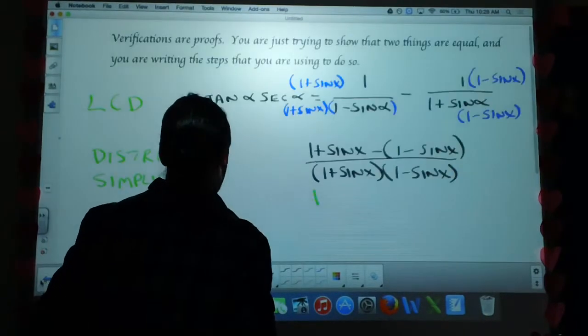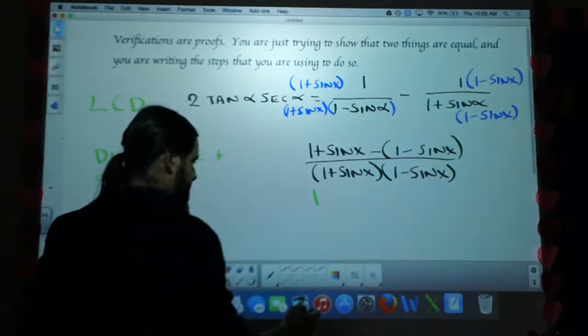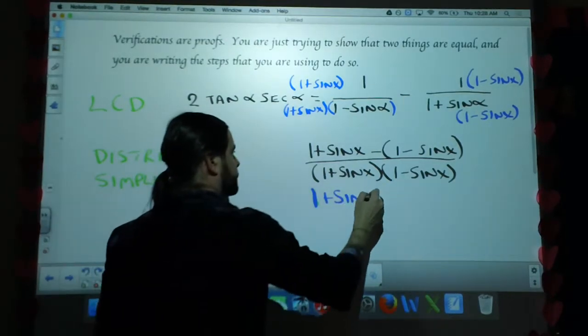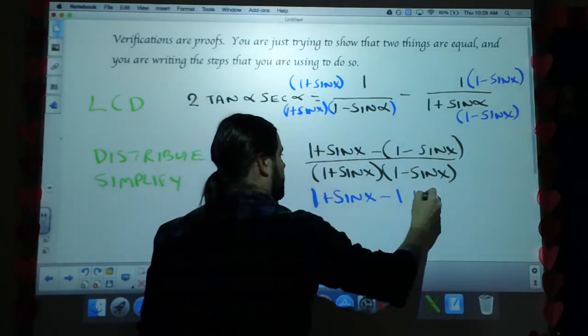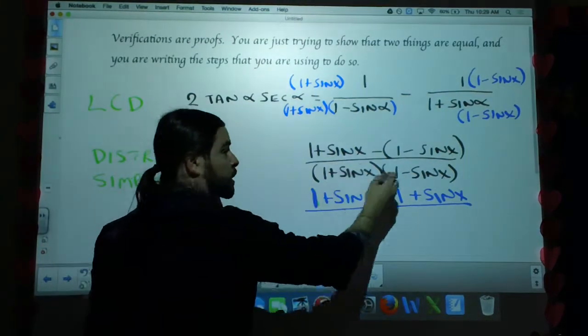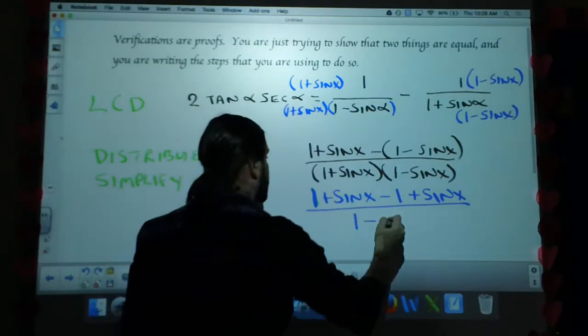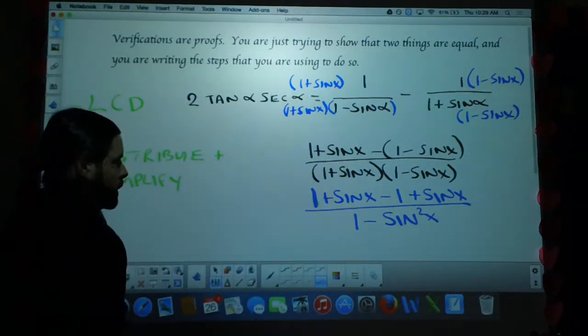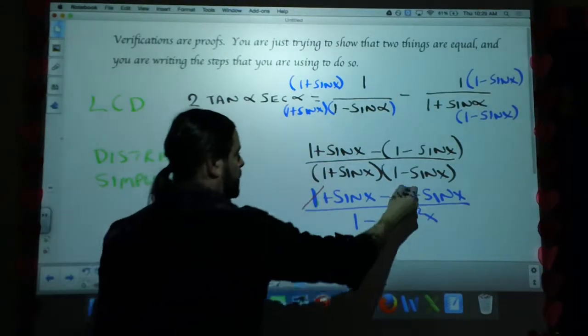There we go. We're going to use 1 plus sine x minus 1 plus sine x over, if I distribute these out, this is the difference of two squares, and 1 minus 1.